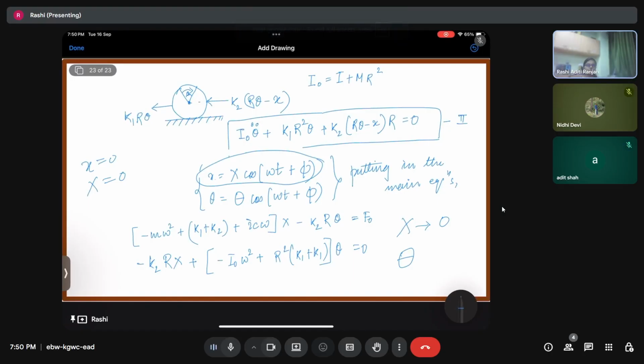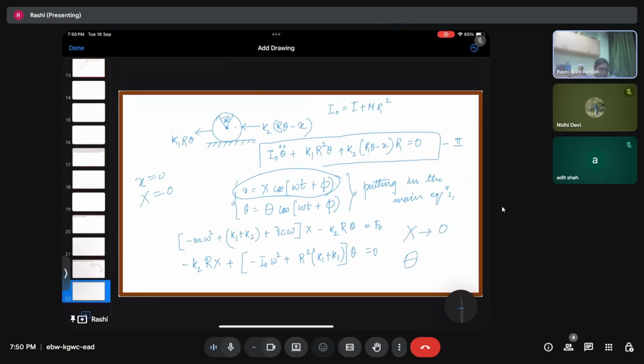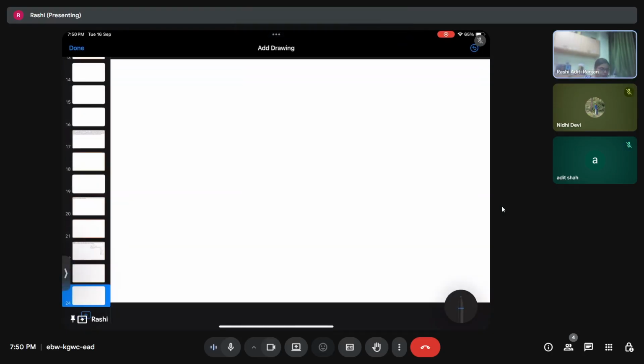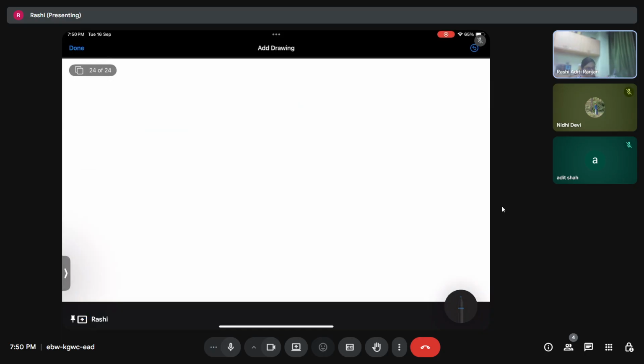Okay. So after doing all the mathematical manipulations, I'll just write the final equation. For capital X and theta, anyways, we are concerned about capital X, but I'll write the equations for both.